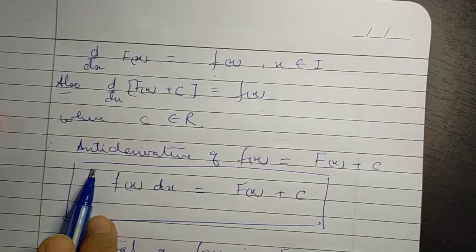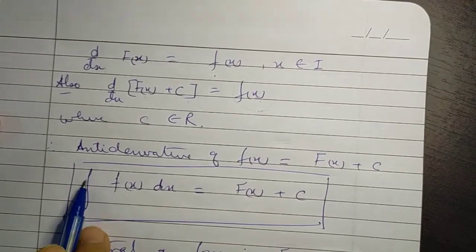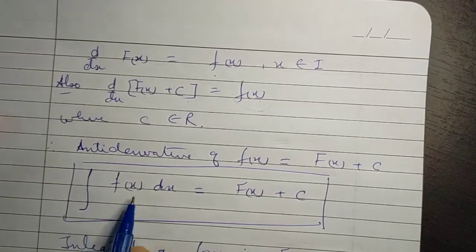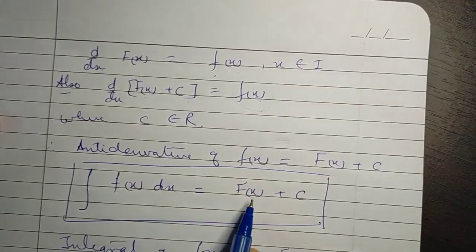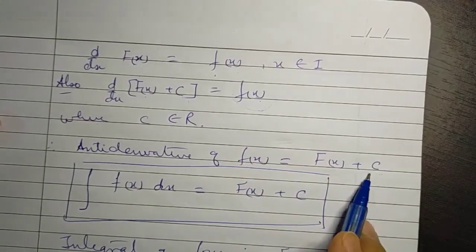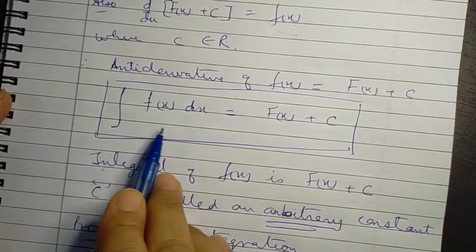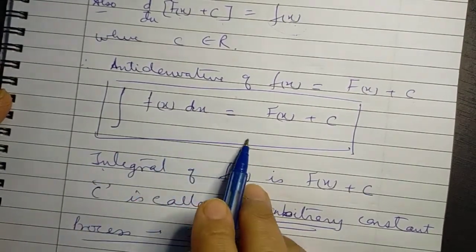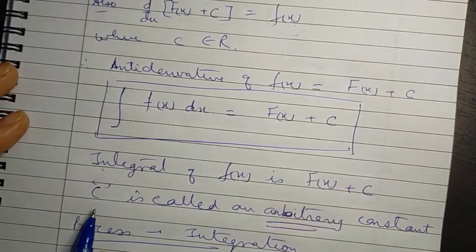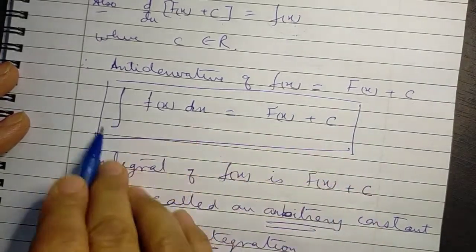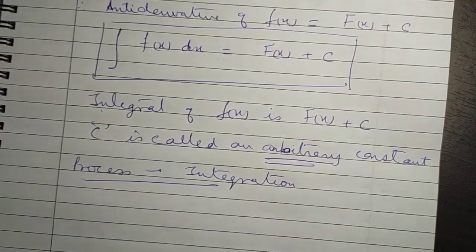We write it with this symbol, which is called integral: integral of f(x) dx is equal to capital F(x) plus c, where this process is called integration.